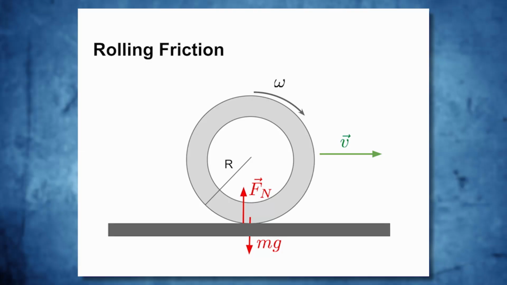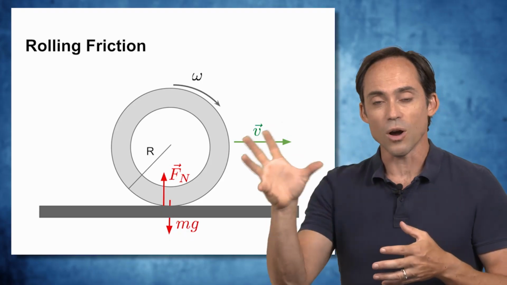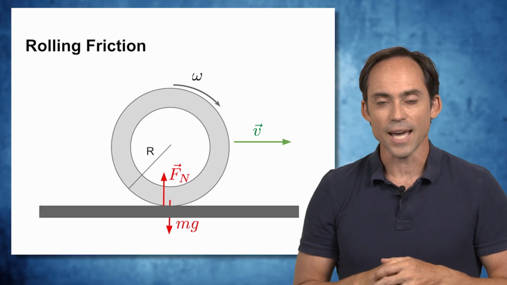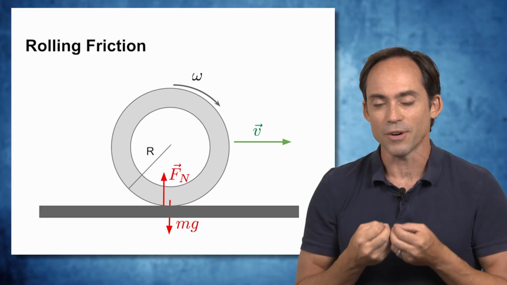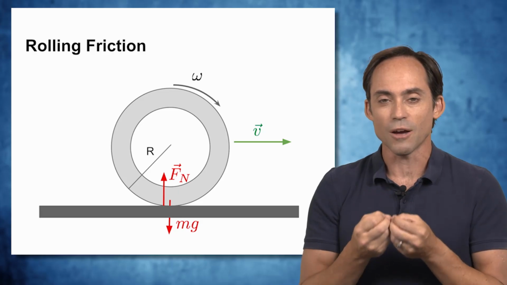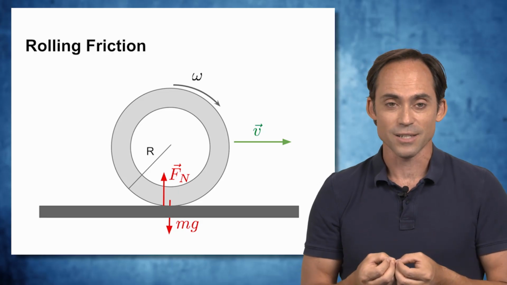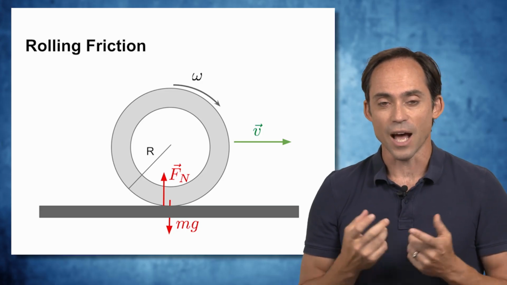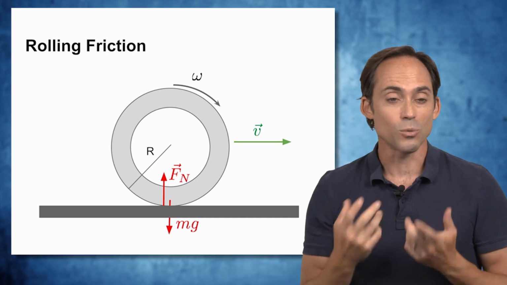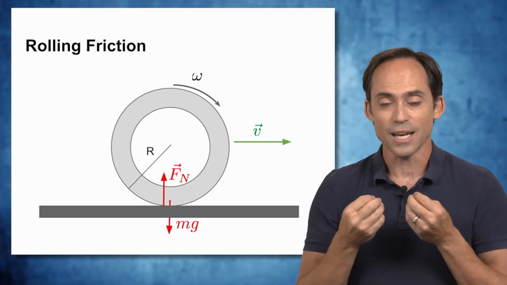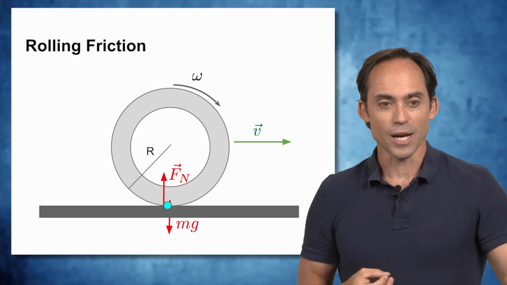Now a more complicated example is the case of rolling friction, when we have an object that's rolling across the surface of a floor or a table. In that case, when we think about friction, we have to be very careful about the fact that it's measuring the relative motion of the two surfaces that are in contact. So if I have a wheel here that is moving off to the side at constant velocity v and is also rolling at an angular rate omega, I can look at what are the forces acting at the contact point, which I've labeled right here.